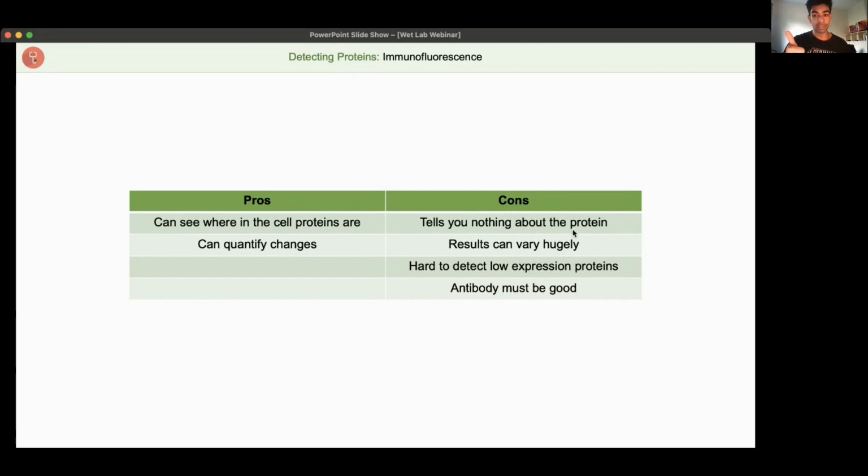You don't know how big the protein is. All you know is where it's hiding. And if it's very low expression, microscopes aren't very good at dealing with very low levels of fluorescence. So sometimes you might do immunofluorescence and it'll be a blank screen and you're going to think, oh, my protein isn't there.